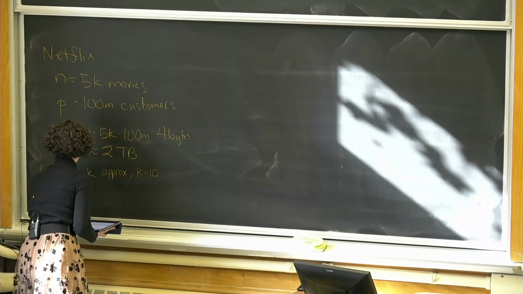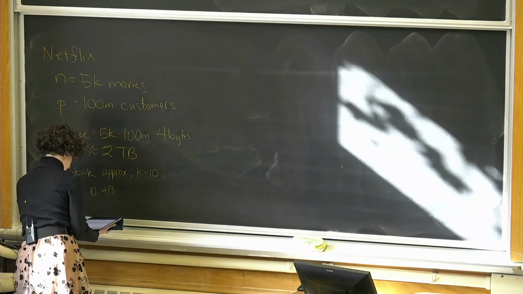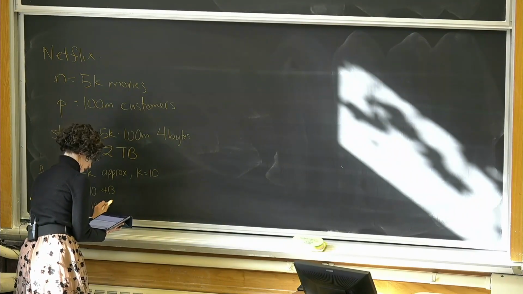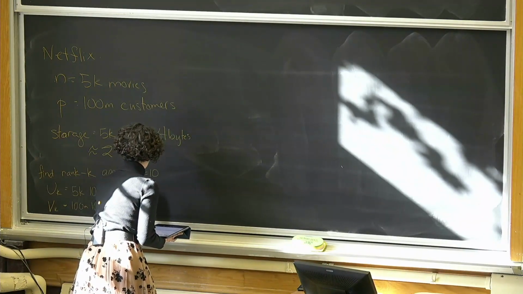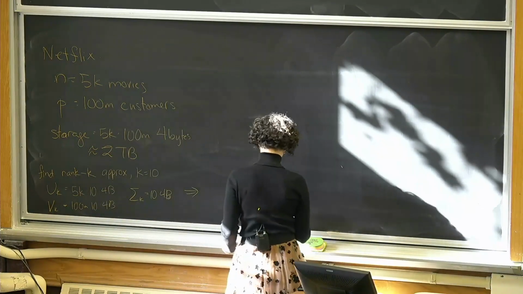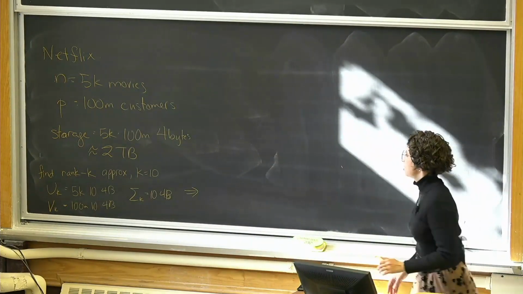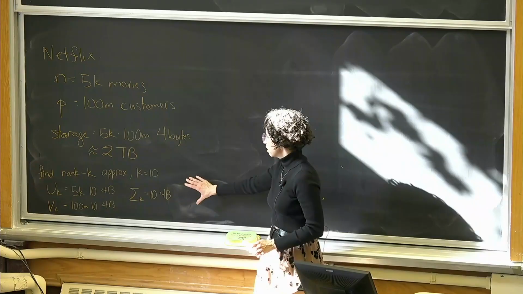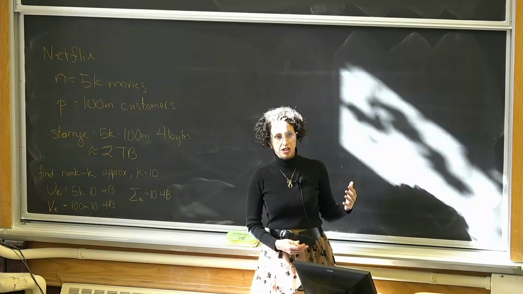We're going to have 5,000 times 10 times 4 bytes. And VK is going to be 100 million times 10 times 4 bytes. And then the actual singular values, sigma K, is going to be 10 times 4 bytes. And if we put it all together, then the total storage is going to be much smaller. So we've really reduced the amount of storage required for this matrix by doing this rank K approximation, which we can compute very easily using the truncated SVD.